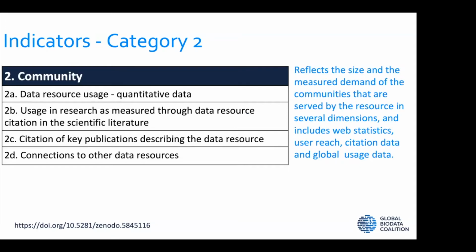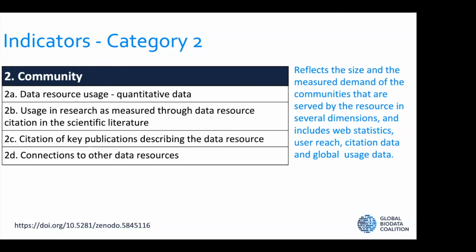We also include in this category connections to other data resources. This is the concept of the ecosystem, and data resources that are likely to be core biodata resources are likely to have very good data exchange relationships or data cross-reference relationships with other data resources, because that is a measure of how useful they are.